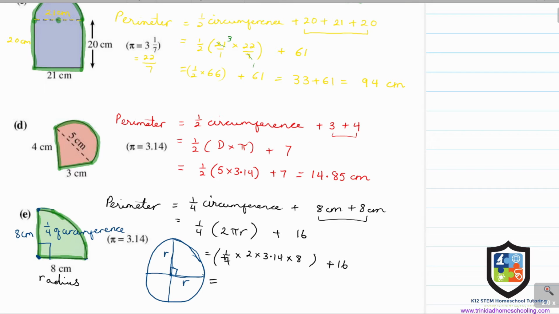I could say 4 into 4 is 1, 4 into 8 is 2, so I have 2 2s are 4 multiplied by 3.14 and then adding 16 to that, right?